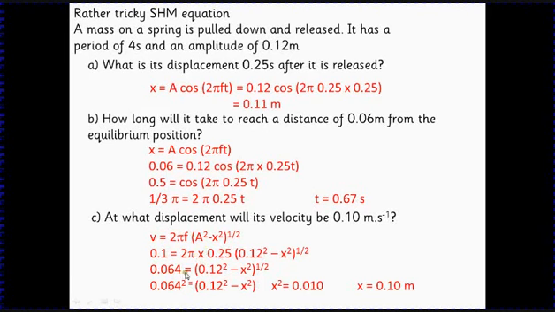That becomes 0.064. You've got this complicated expression here, square rooted, so square both sides to get rid of the square root. Then you've just got to take that over, and you end up with 0.01. Then you've got to remember that's not x, that's x squared, so you need to take the square root, and you get 0.1 meters. I should have said meters squared there, 0.1 meters.